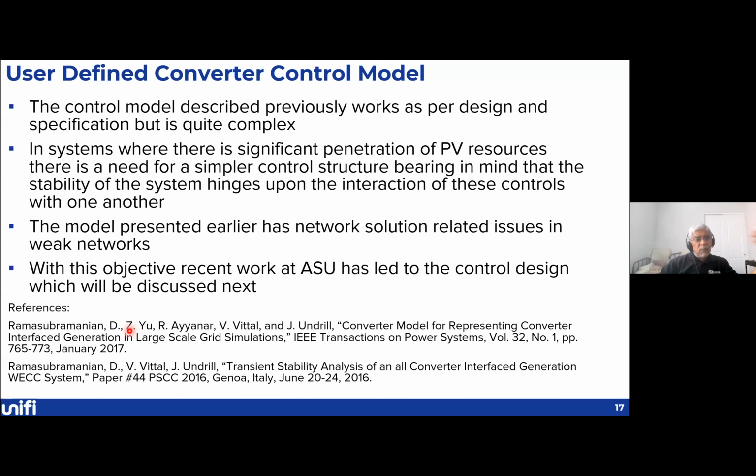And as I said, one of the ways of validating this was we used a fairly detailed inverter model in EMTP domain, and then verified our positive sequence model against that very detailed inverter model simulated in PLECS. And PLECS is a software which the power electronics people use quite extensively. And the second paper, which appeared in the PSCC in Genoa, Italy, actually does large-scale simulations using that particular model. And I will discuss some of those results.